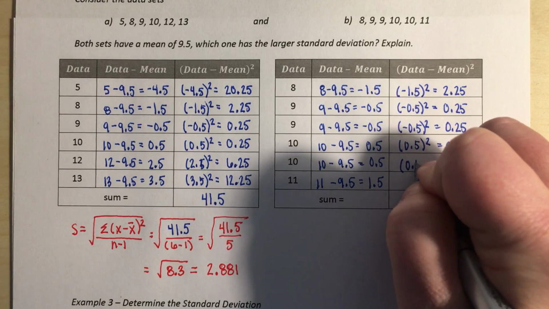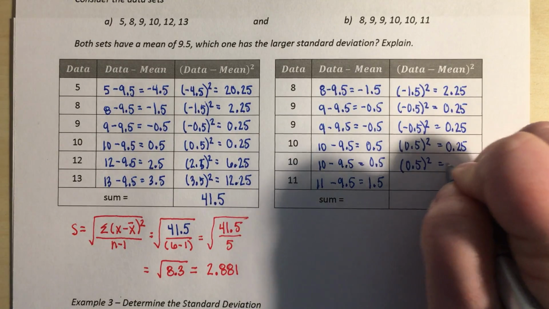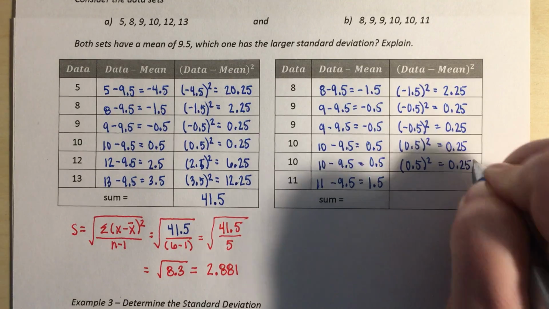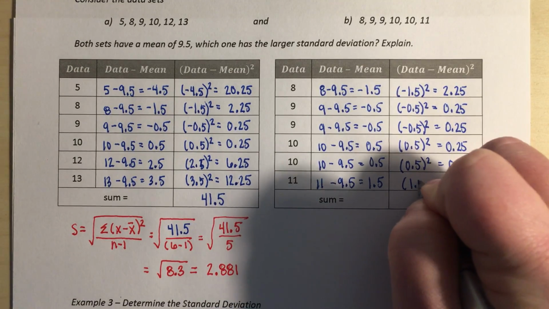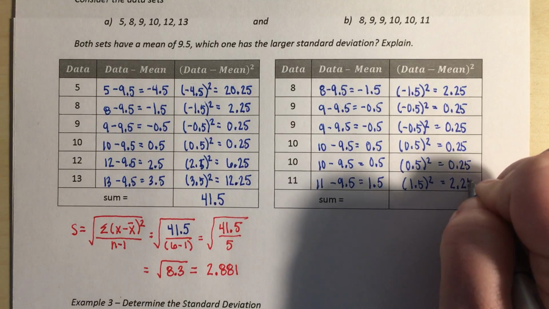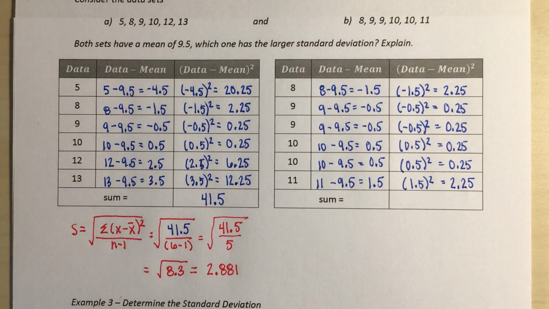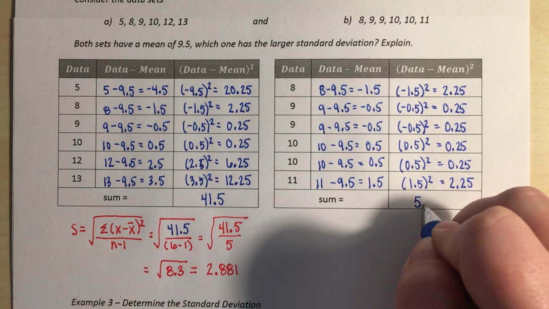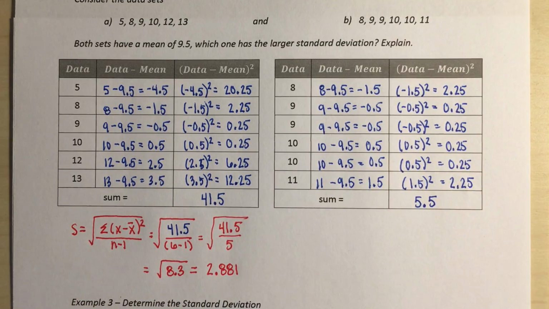Positive 0.5 squared is still 0.25. Positive 1.5 squared is 2.25. Right, so again, our last column, remember that after we square these, all of these values should be positive. And then we're going to add up all of these values, and we get a sum of 5.5, which is significantly smaller than our sum in this particular data set.